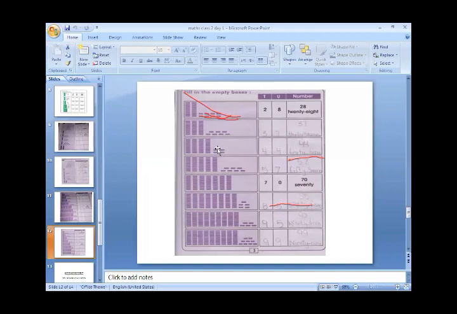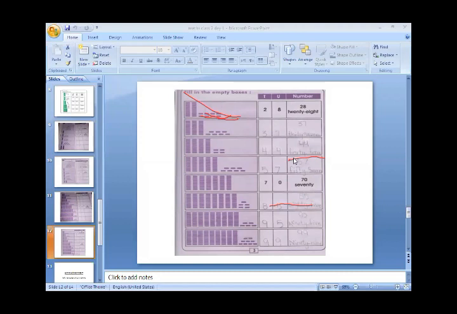Then count how many small blocks are there. 1, 2, 3, 4. So you will write 4 at the unit place because these small blocks show the unit place. 4 tens and 4 units makes the number 44.